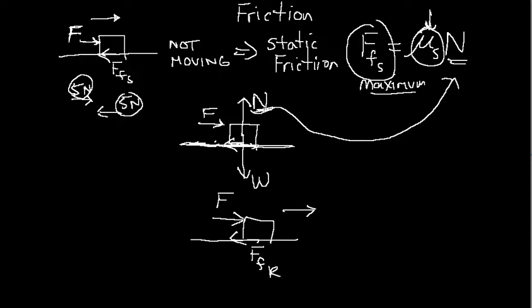It's friction of motion, and this is equal to mu sub kinetic, which is a different coefficient than our static coefficient, again depending on the two surfaces in contact with each other. It's just a number, the coefficient of kinetic friction, times the normal force.